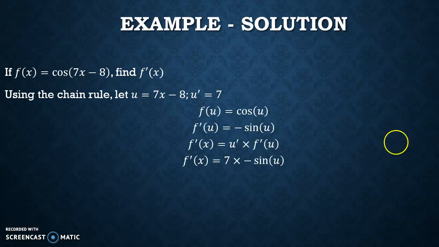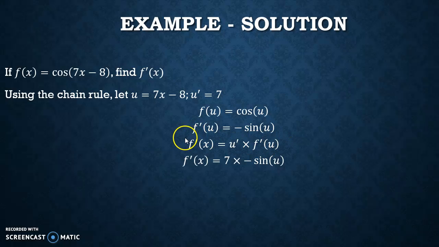So as we have here, f(u) equals cos u, derivative of f(u) equals negative sine u. So then the derivative of f(x) equals the derivative of u, which was 7, times the derivative of f(u).